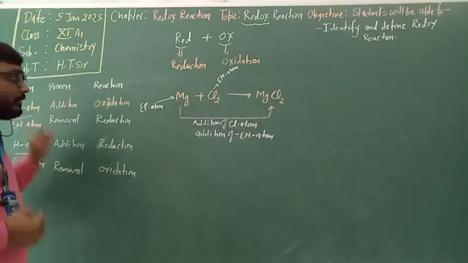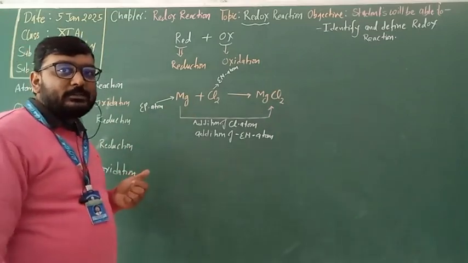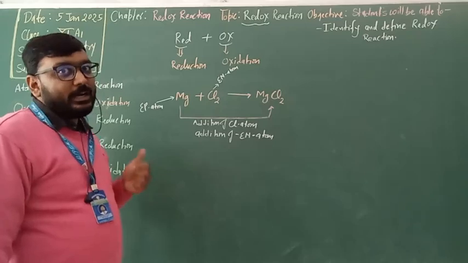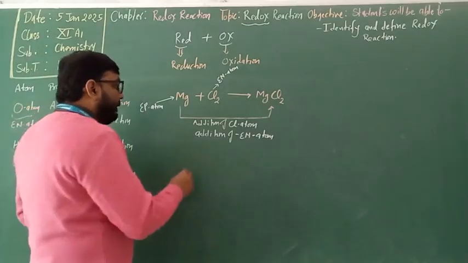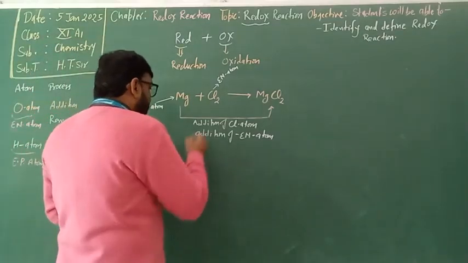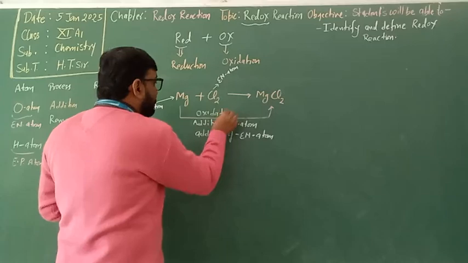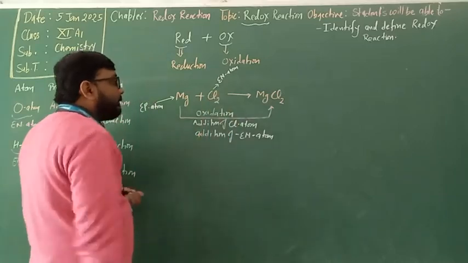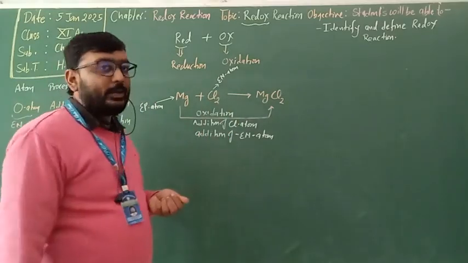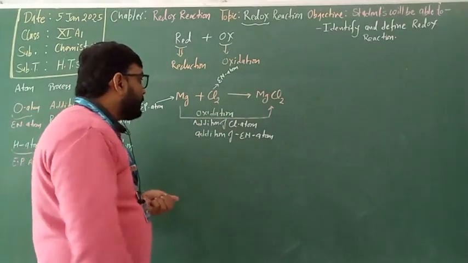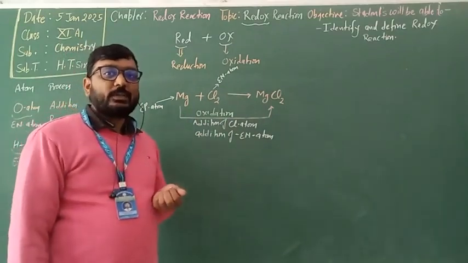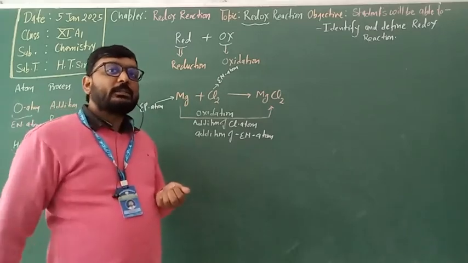Can you tell me what process we call it? Yeah, absolutely correct. It would be oxidation. Here the magnesium gets oxidized into magnesium chloride after the addition of the chlorine atom, which is an electronegative atom.